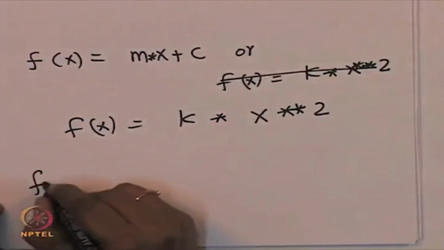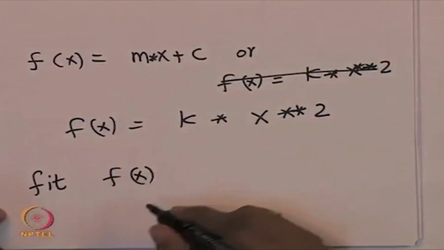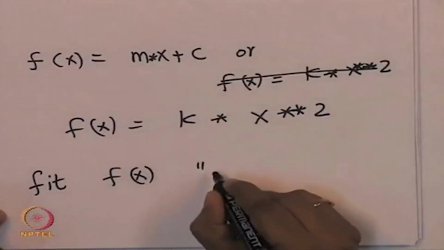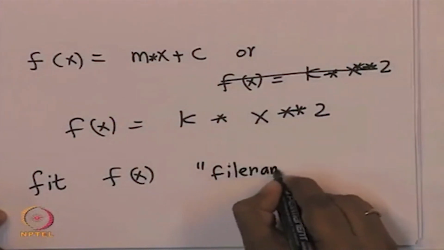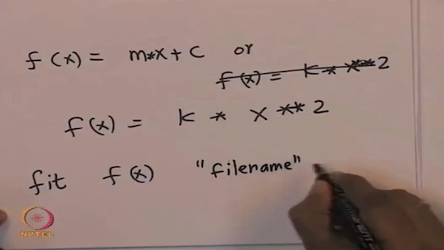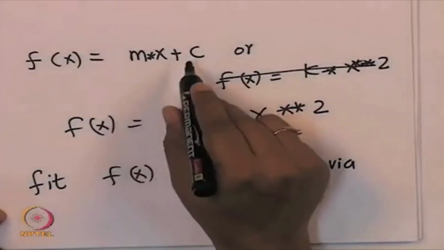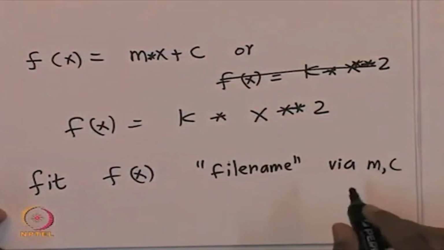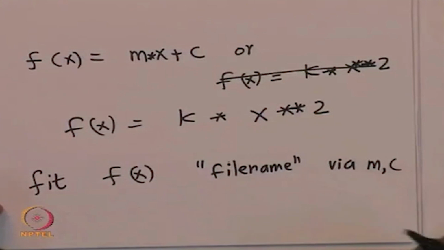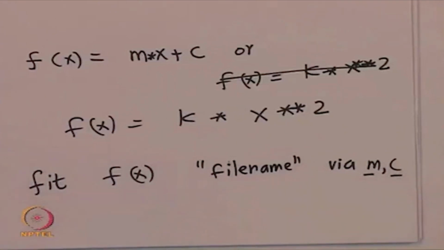Then you say fit f of x, then the file name, via the parameters. Here the parameters are m and c, so you can say m comma c. If you have more parameters, you can say m comma c comma something else. You press enter, and then you get the final parameters. GNU plot will calculate these parameters m and c.